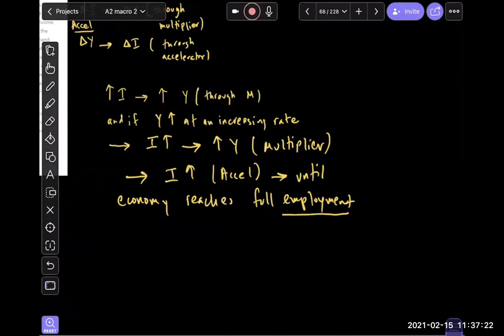So there was a question that we did the other day where it said that if there was an increase in investment, it will cause a rise in output. And then the second sentence said that if there was a rise in output, it will cause an increase in investment. Explain. So we talk about how an increase in investment will cause a rise in GDP through the multiplier, and then how a rise in GDP causes a rise in investment through the accelerator.